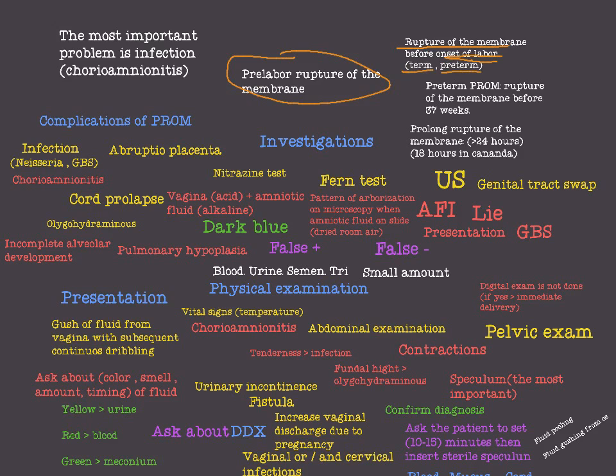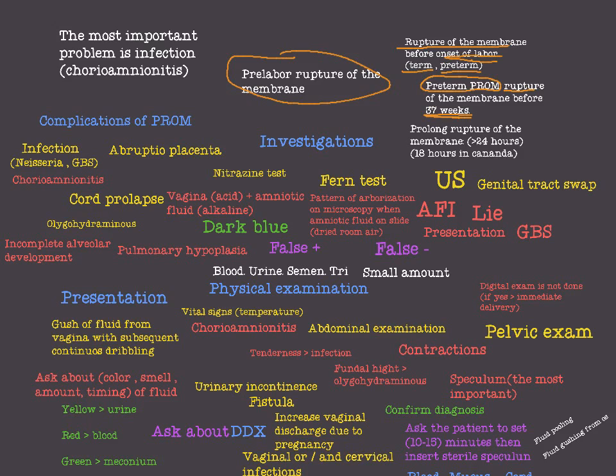What do we mean by preterm pre-labor rupture of membrane? We mean that rupture of membrane that occurs before 37 weeks, before term, so it is preterm.